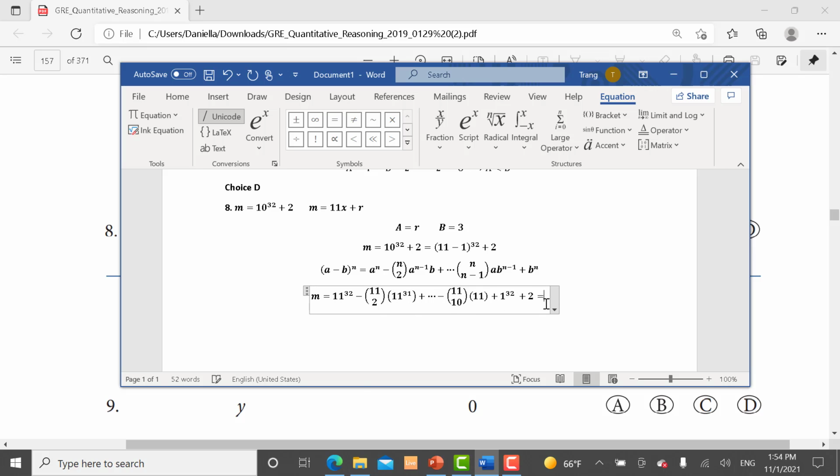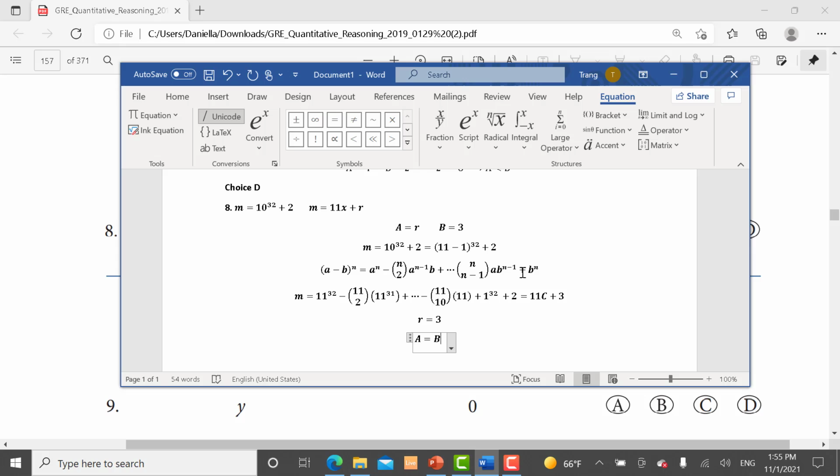So it should be right in the form of 11 times something I'm going to call c, plus 1 plus 2, so it should be plus 3. So that means when m is divided by 11, the remainder should be 3. So we have r equal to 3. And from here we can conclude that A is equal to B.